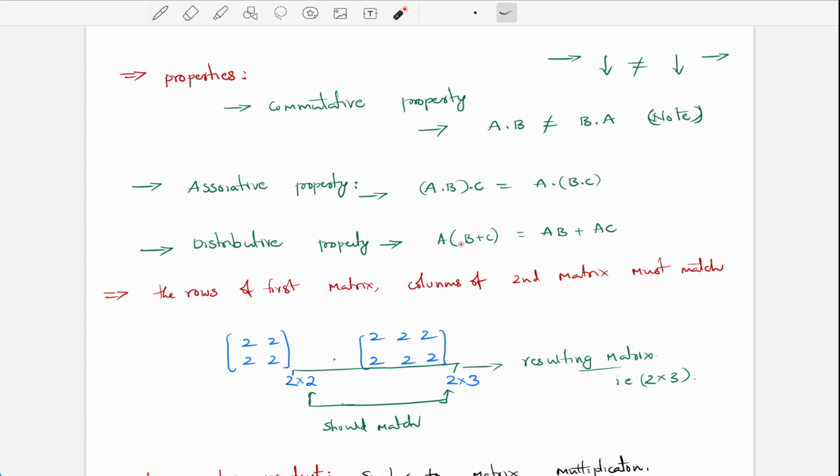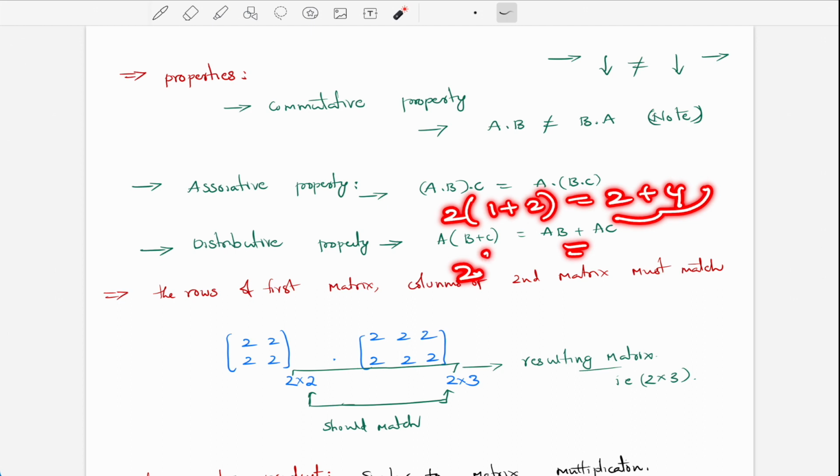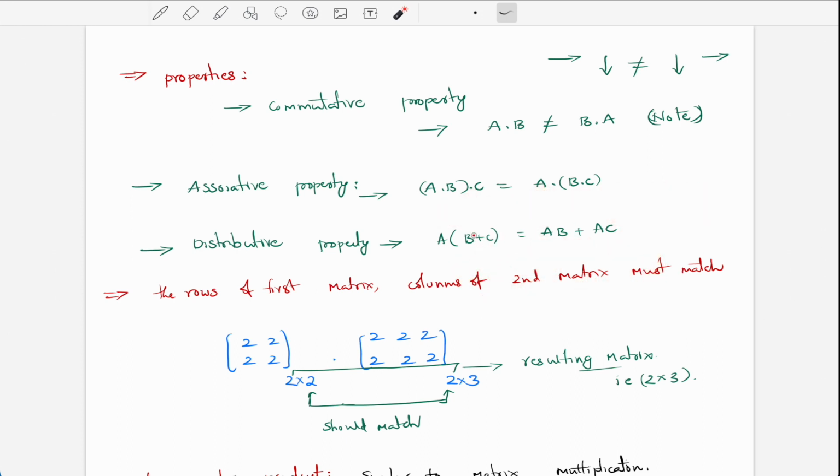If I give you an example, like 2 into 1 plus 2, that is equal to 2 plus 4, so the answer is 6. And if we have 1 plus 2, the answer will become 3, and 2 into 3 is equal to 6. Here also 6. So they both are equal. I hope you get it.